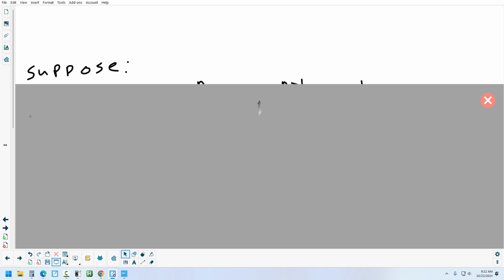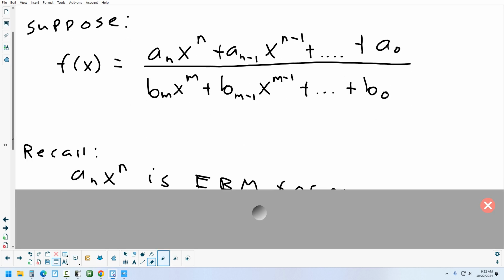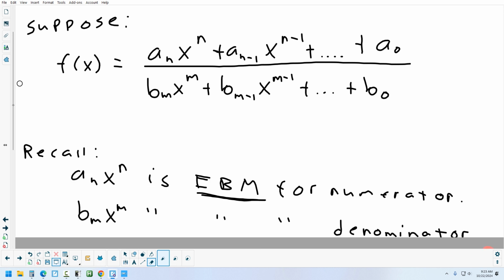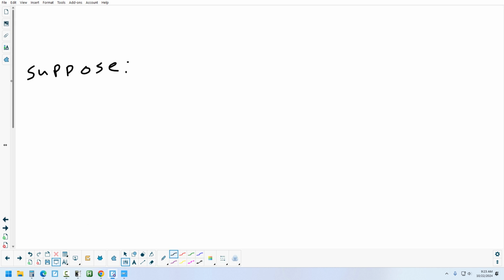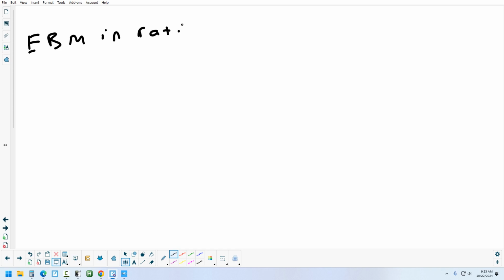Okay, so now I'm going to write this a little different. Let's do it like this: EBM in rational functions. What I just showed you is how to find the EBM of a polynomial. Well, now we're going to do it for a rational function.